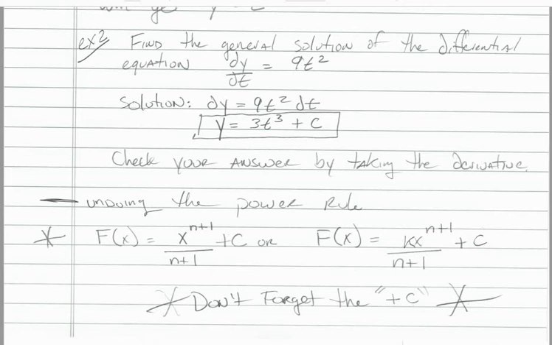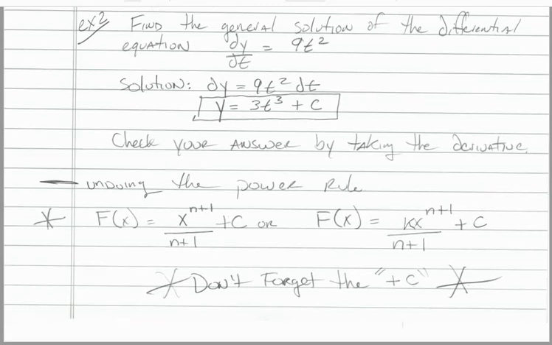When we undo 9t squared, we're undoing the exponent rule, which means we are going to add 1. Remember when we took the derivative, we brought the exponent down in front and subtracted 1. Well, we have to undo that. So looking at example 2, we're working backwards, undoing the power rule.